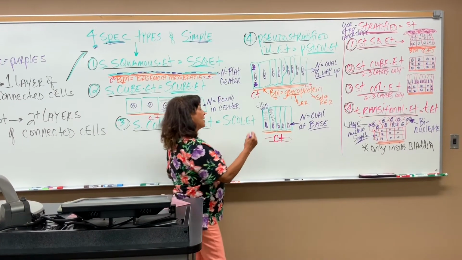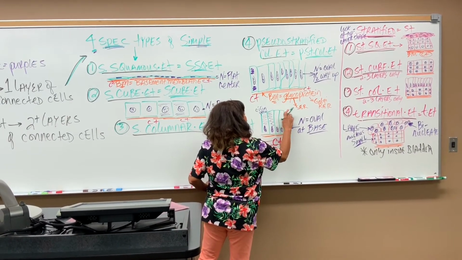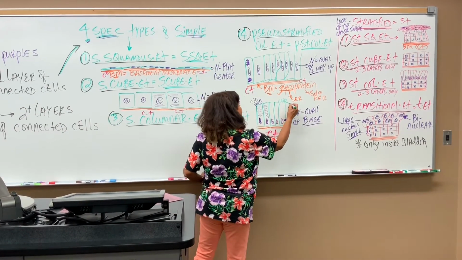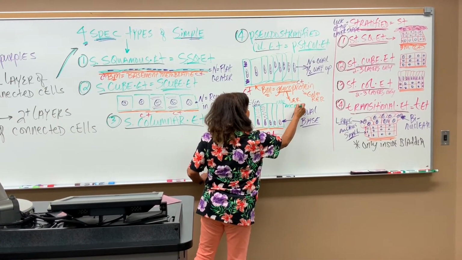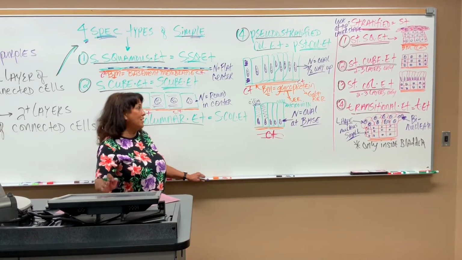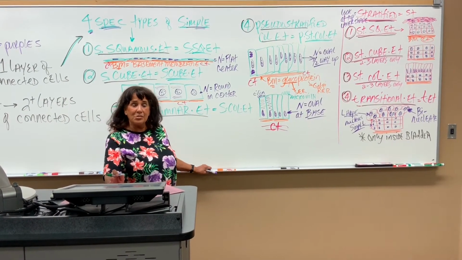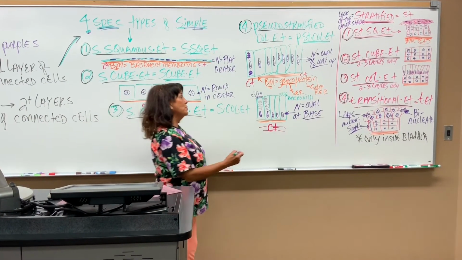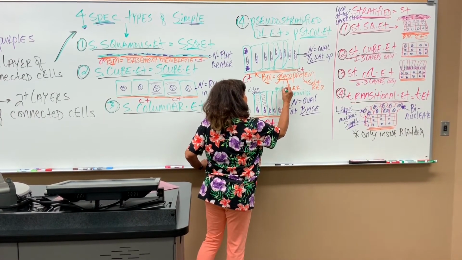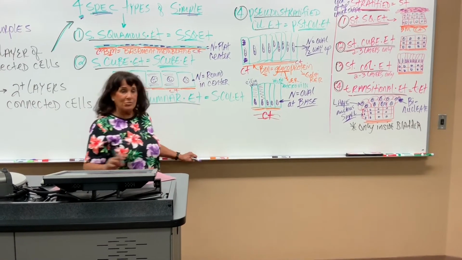We could have microvilli, and microvilli are cell membrane extensions like this. That's a cell surface modification, and microvilli are going to increase the cell surface area so that you can absorb more food, more oxygen, whatever you want, because it's just not flat and straight across.